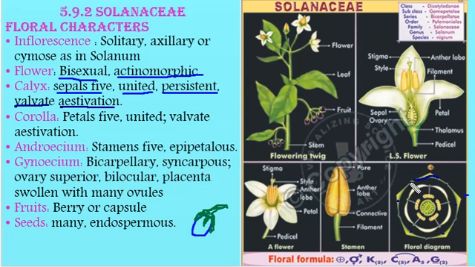So here the margins just touch one another but do not overlap. The united condition of the calyx is shown with the attachment to both the margins like this. So here the calyx has valvate estivation and is united.